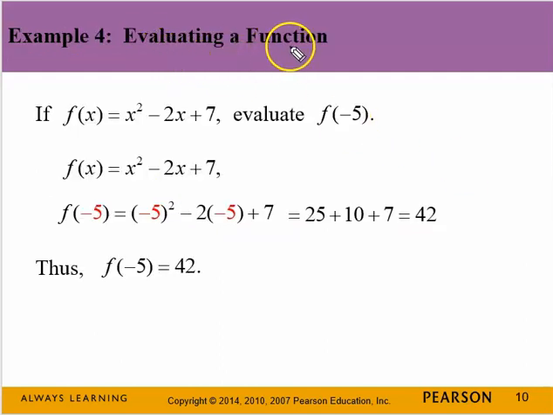Now, for example 4, they're asking us to evaluate a function. So, if we have this, and this is f of x equals x squared plus 2x plus 7, where x now will be a negative 5, what would be the protocol for that?